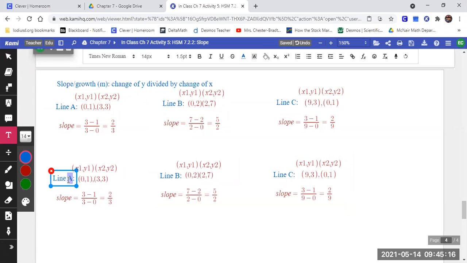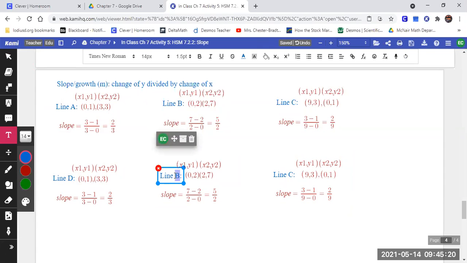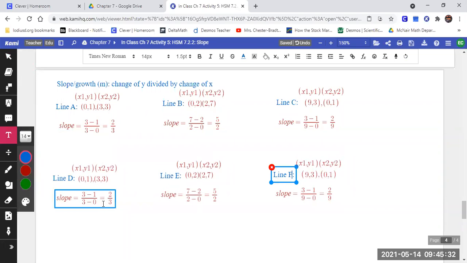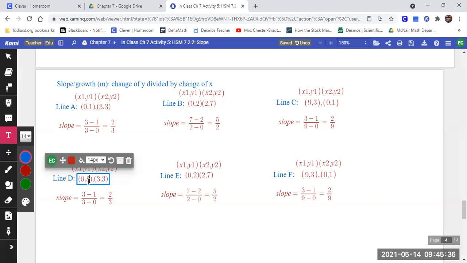This one's going to be D. This one's going to be E. And that one's going to be F. And we're going to go put the correct coordinates in a second. So we're looking for D. D is at 0, 3, 3, 6.